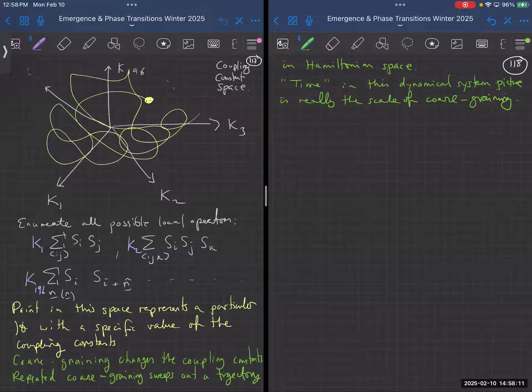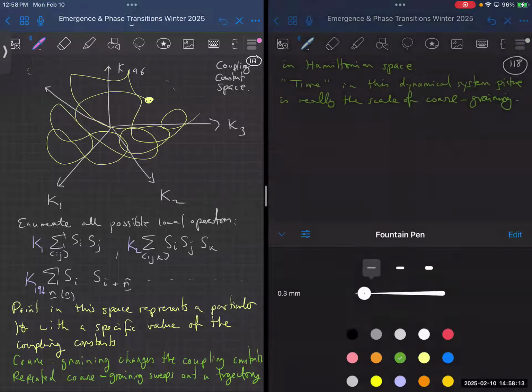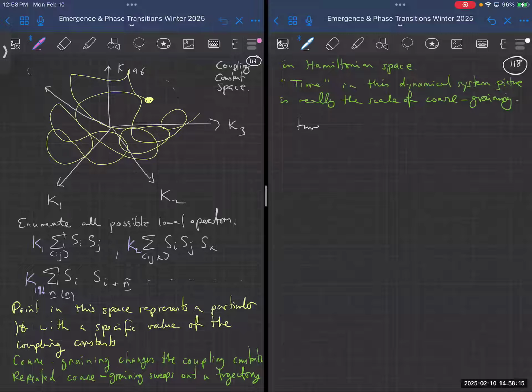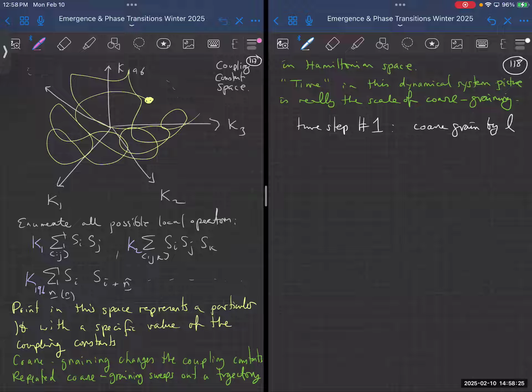So why is that? Well, the first time step is I coarse grain by L. That's my block spin size. Time step number 2, I coarse grain again. What's time step number N?